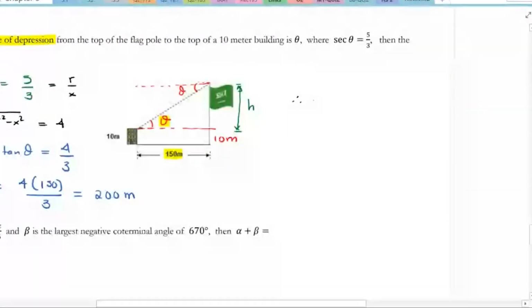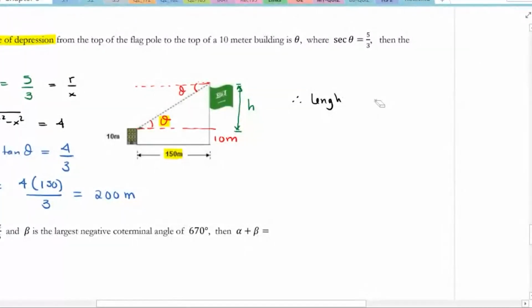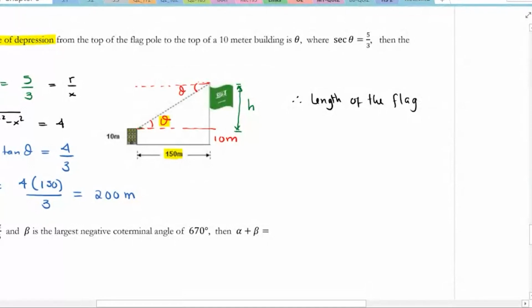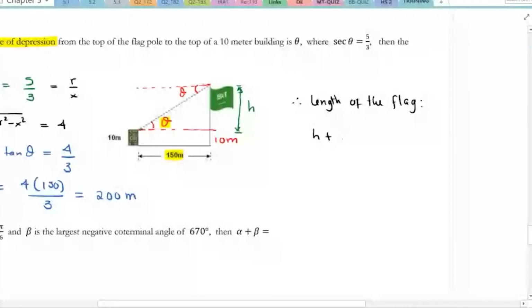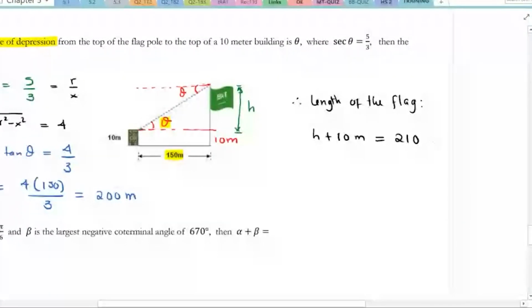So therefore, the length of the flag will be the h plus 10 meters, which is going to give us 210 meters.